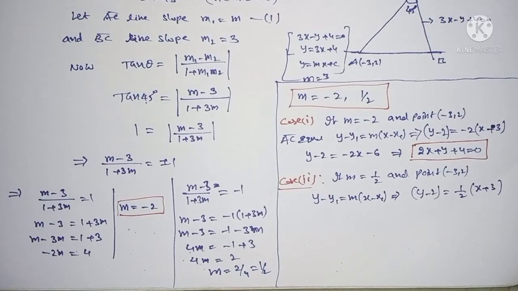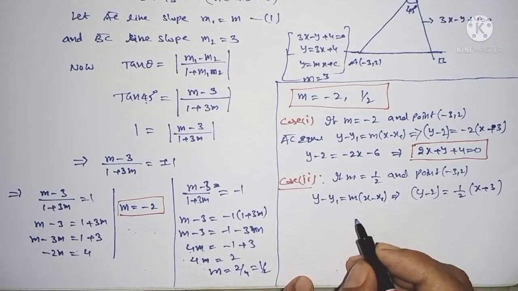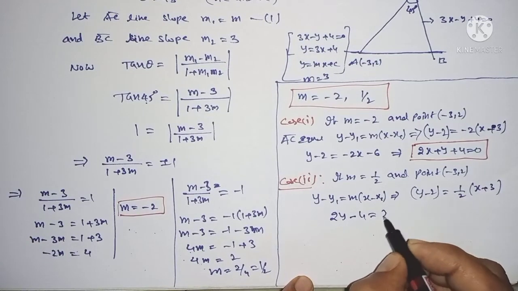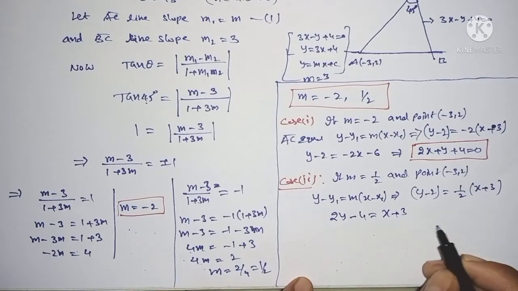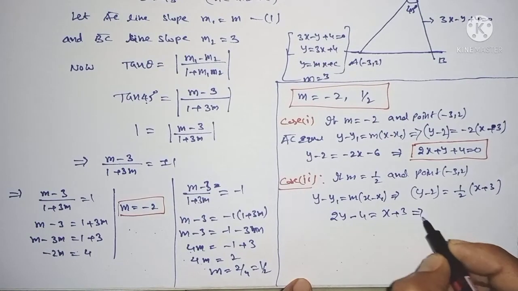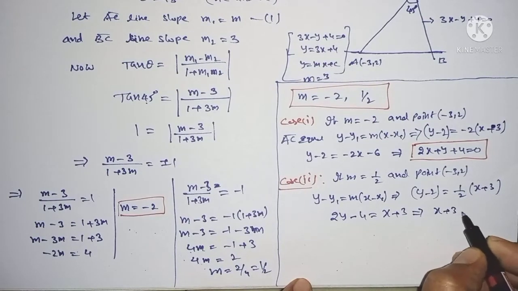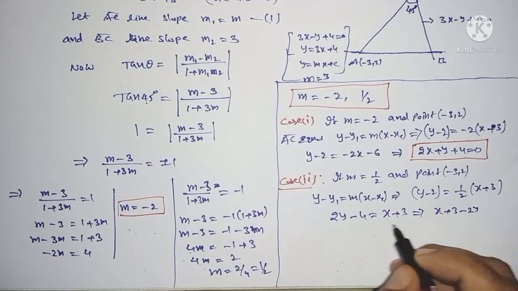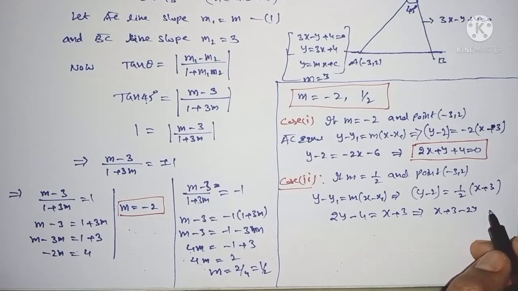Okay, simplify, what will you get here? 2y minus 4 is equal to x plus 3, or you can bring this side to the RHS, x plus 3 minus 2y plus 4.